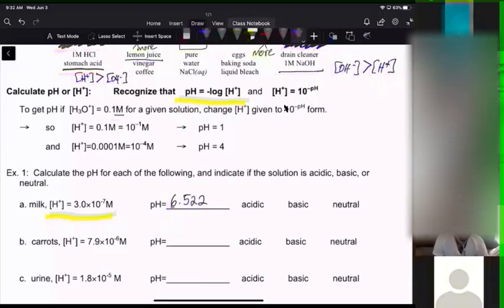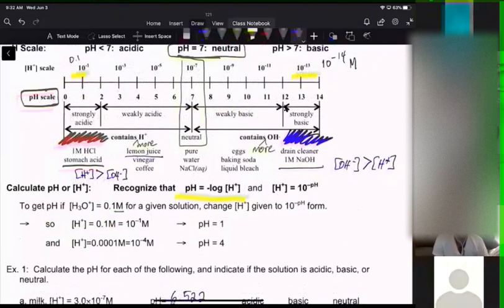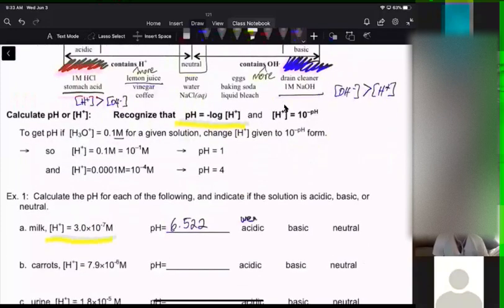And we'll go ahead and use extra digits. We're not going to worry about the sig fig rules for these calculations, but just use some extra digits. All right, 6.5. So that is about right here. And maybe it's weakly acidic. It's just barely on the acidic side. It's pretty close to neutral.